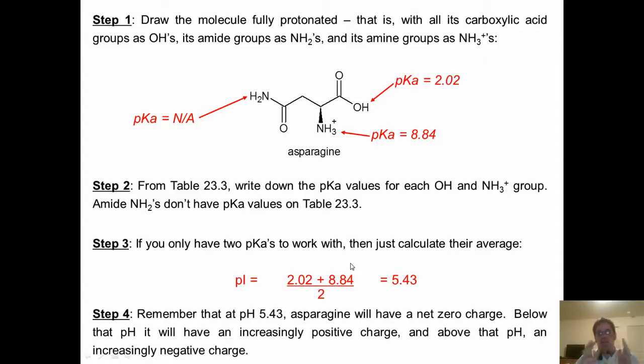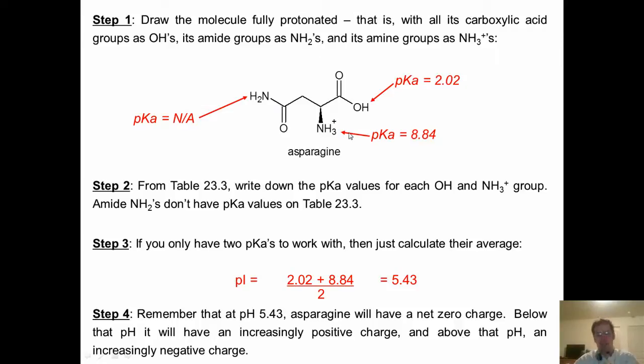Step 4. Remember what that number actually means. It means that at pH 5.43, asparagine will have a net zero charge. What that means is that right at that pH 5.43, asparagine will have an NH3+ here and an O- over here. So it will have a net zero charge.